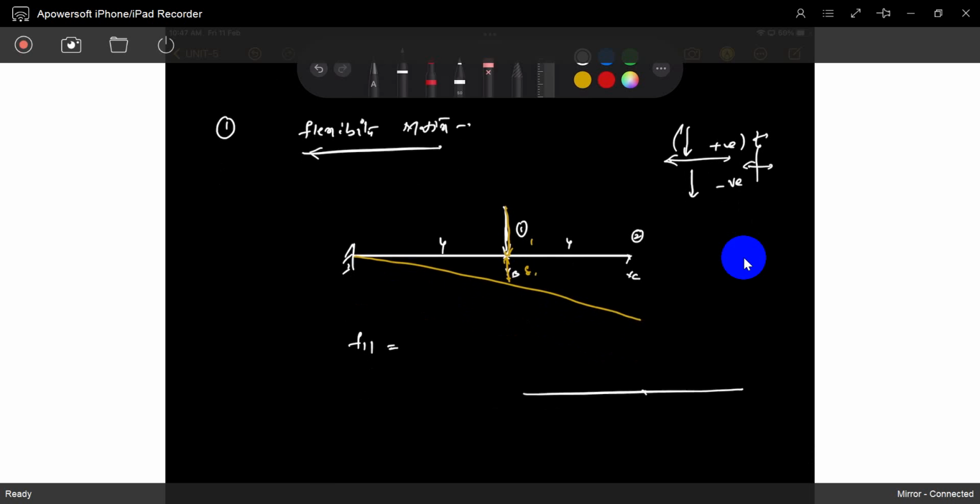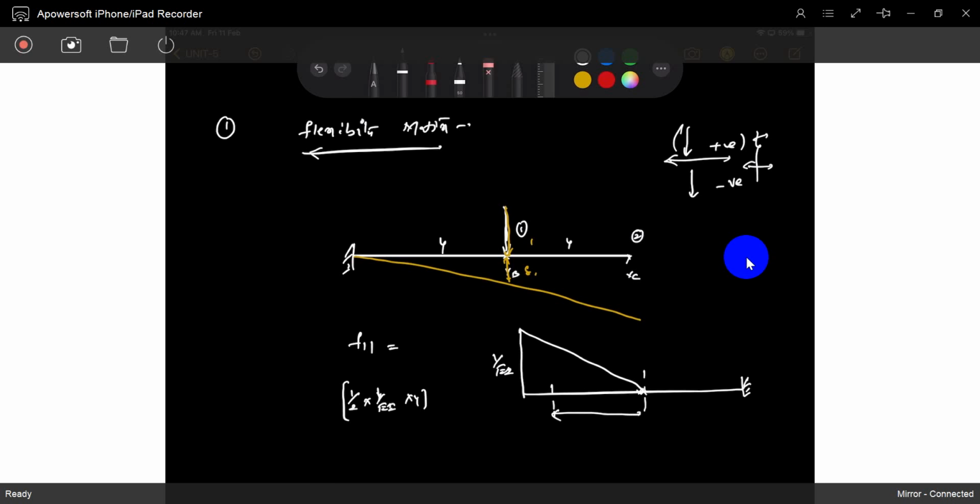In the conjugate beam method, write the bending moment diagram. The bending moment here is half into 1 by A into 4.